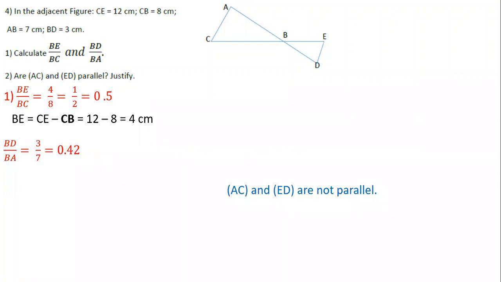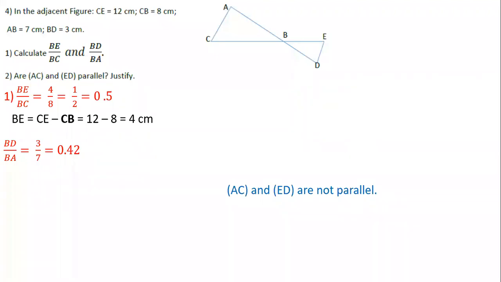This is what I discussed in the converse of Thales theorem. So always to prove two parallel lines, we can use the converse of Thales theorem. What is the converse again? If we can prove equal ratios, then my lines would be parallel.